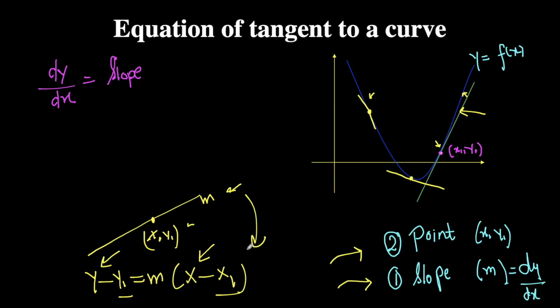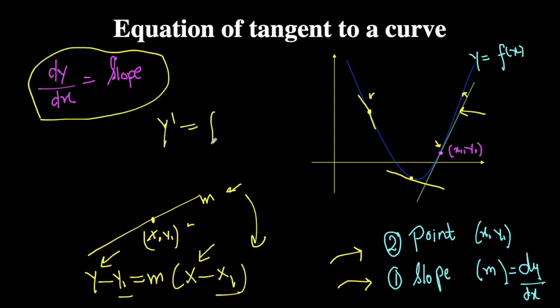To find the tangent to a curve, you need a slope, and we know from our differentiation chapter that differentiation is the slope calculation at a certain point. If any function is given, you can find its derivative and put in the value x1, and y1 if there is one, and you will get the slope.